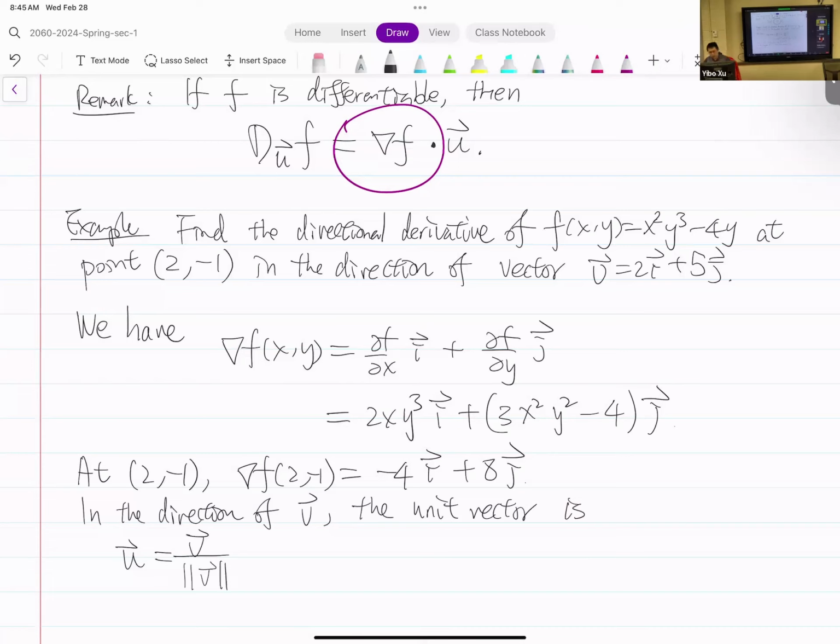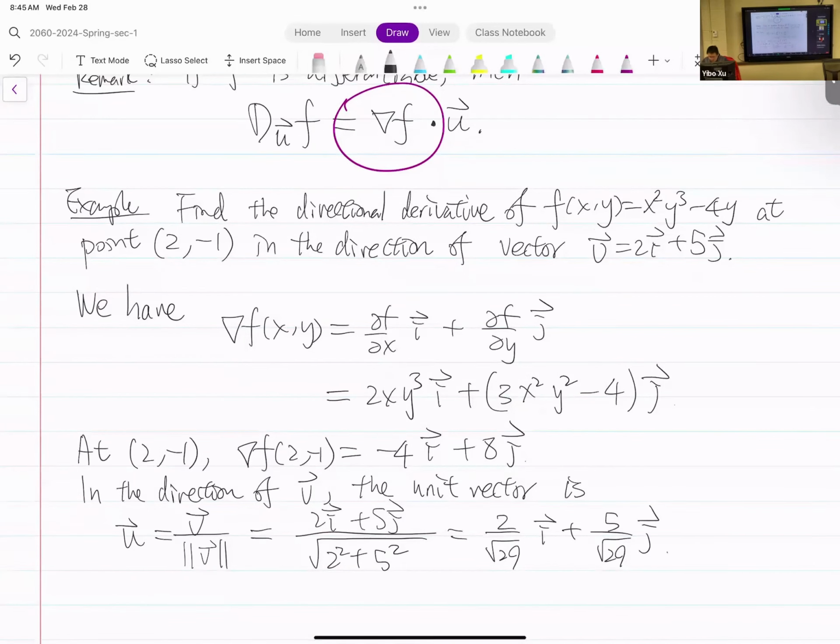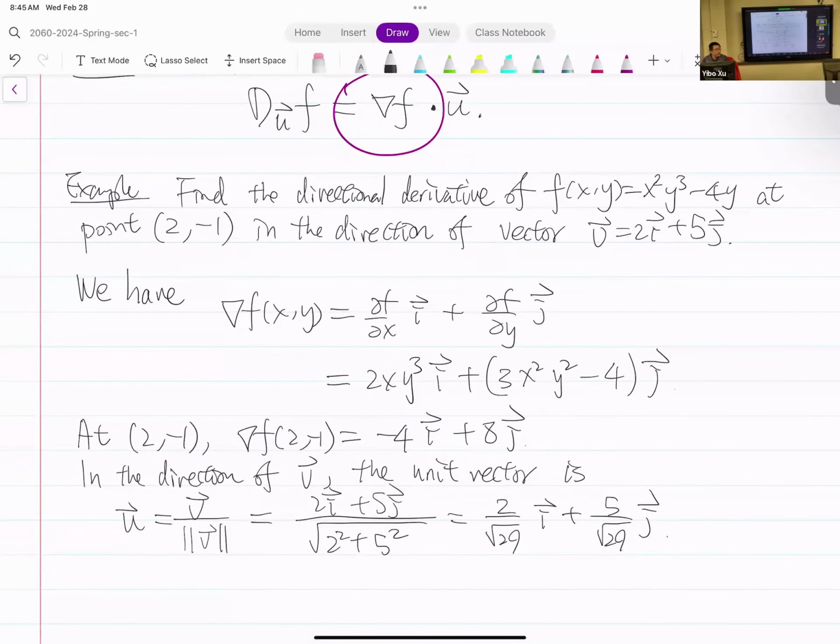To normalize, we just divide by its magnitude. So this is 2i plus 5j over the magnitude, which is the square root of the components squared. That's 4 plus 25. So we have 2 over the square root of 29 plus 5 over the square root of 29. That's good.